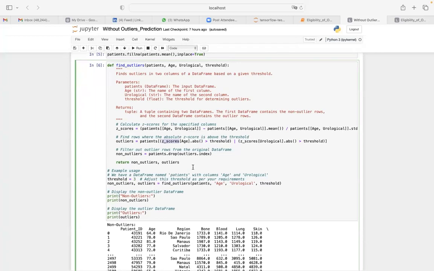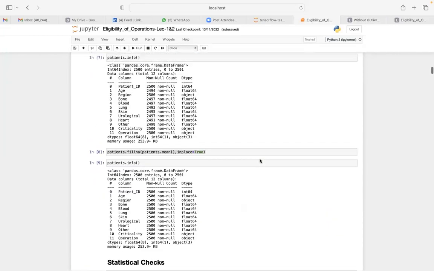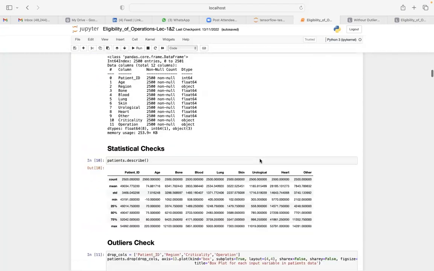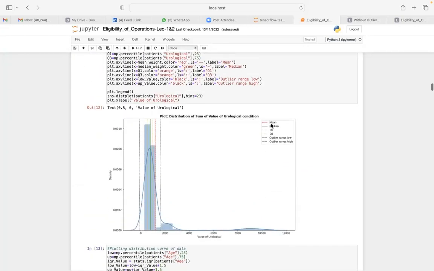If the data is normally distributed, that means the data is not skewed. But in our case, it is skewed because it is having outliers at both ends, right? So when we saw the last class, we saw mean and median value.